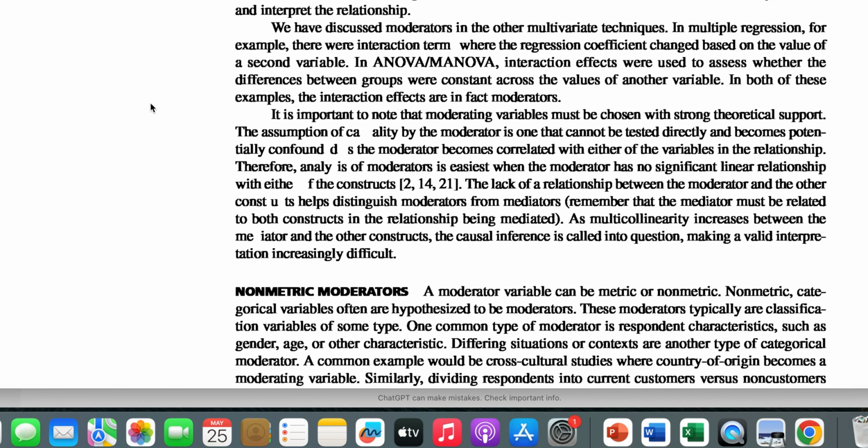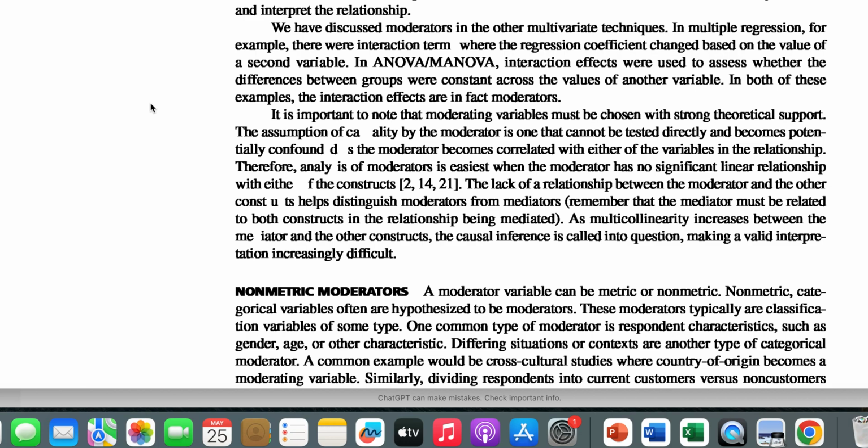It is important to note that a moderating variable must be chosen with strong theoretical support. The assumption of a moderator is one that cannot be tested indirectly and can become potentially confounded. If a moderator becomes correlated with either of the variables in the relationship, analyzing it is more difficult; therefore, analysis of the moderator is easiest when the moderator has no significant linear relationship with either of the constructs.